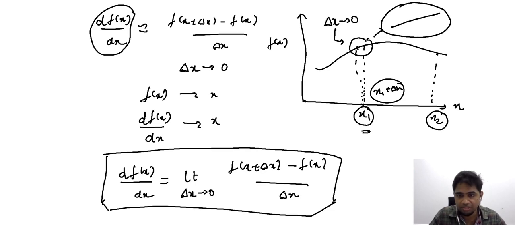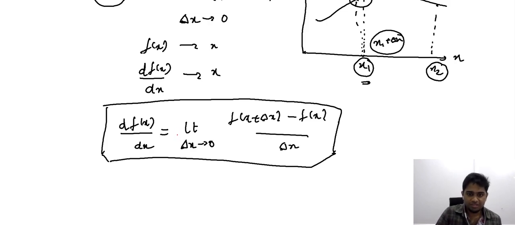This section of the curve, particularly this red region here, indicates f of x and f of x plus delta x, provided delta x is 0. What you end up having is a straight line, and this straight line is what we refer to as the slope.